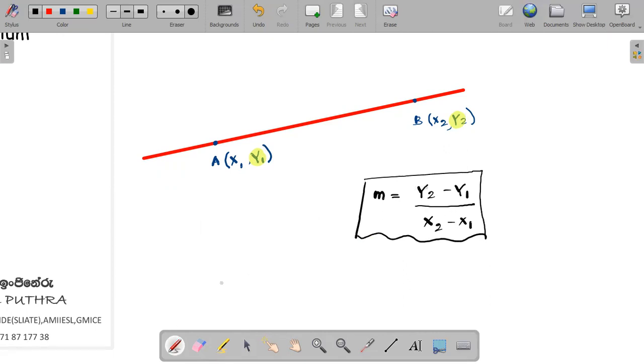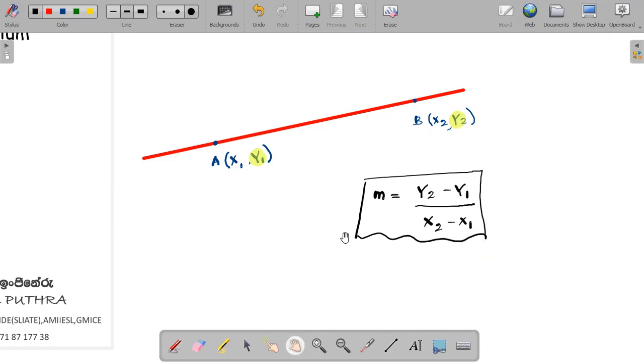Then someone asks, can't we change this y1 and y2? Yes, we can. You can say m is equal to y1 minus y2, but keep in mind, if you take y1 first, you have to take x1 first. That is the theory. So you get the same gradient by either method.